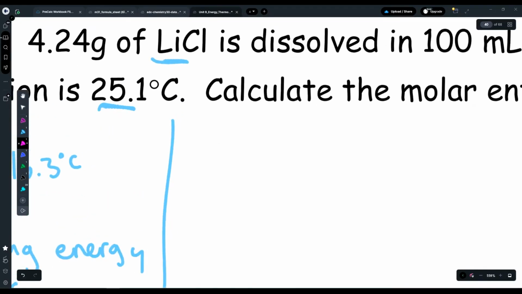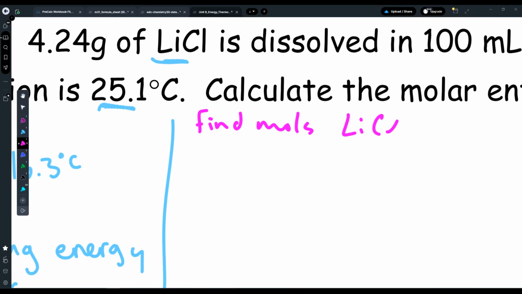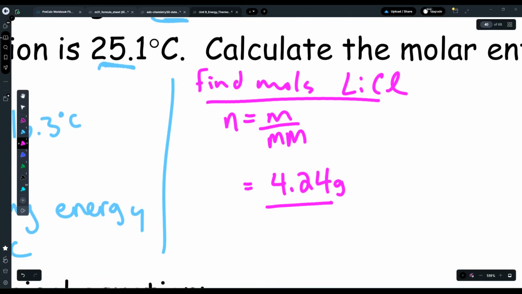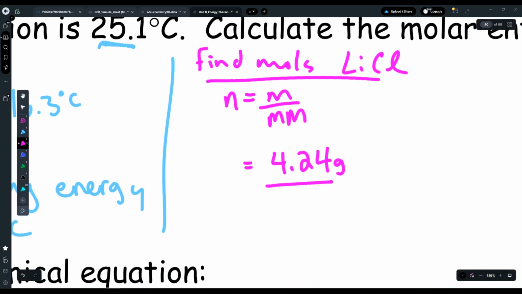I also said we wanted to find the moles of lithium chloride. Moles is equal to mass divided by molar mass. Our mass was 4.24 grams of lithium chloride. You calculate the molar mass by looking at your periodic table, and that's going to be 42.39 grams per mole.